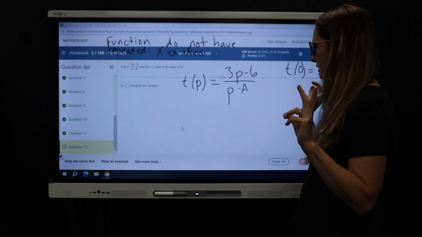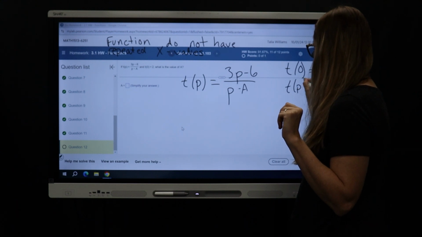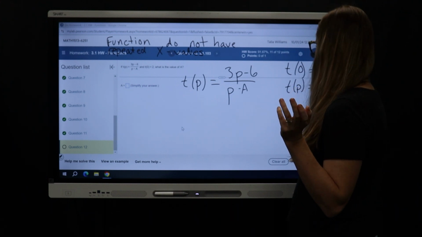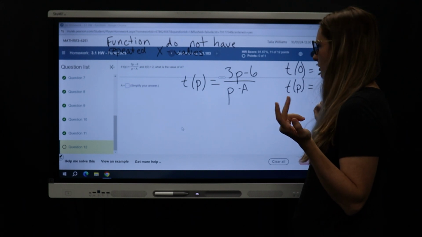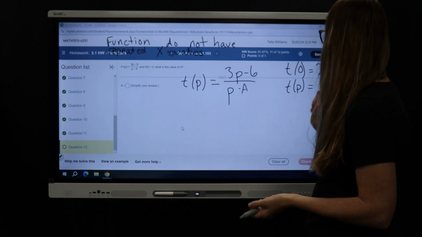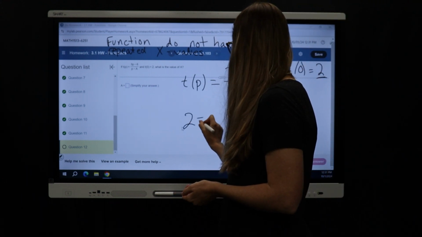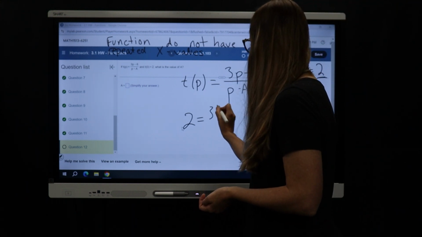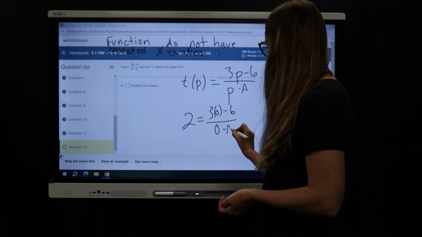And since we have T and P, it's going to be T of P. I don't know what they're calling the other variable. Oh well. So, on this one, this 2 is going to go here. And then we're going to have our p value is this 0 right here. So I'm going to have 3 times 0, subtract 6, over 0, subtract a.